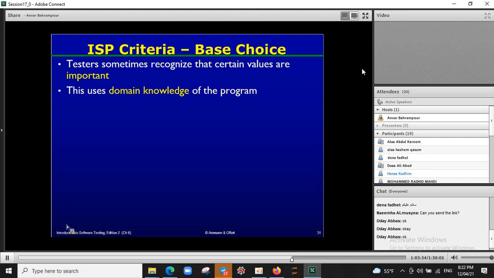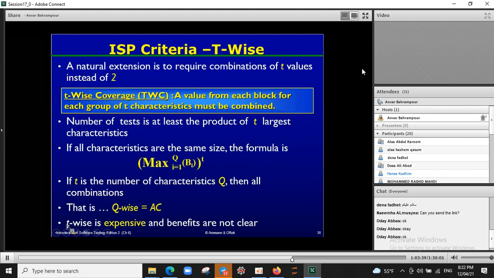And this last item says that t-wise is expensive for large values of t, and benefits are not clear. Why are benefits not clear?